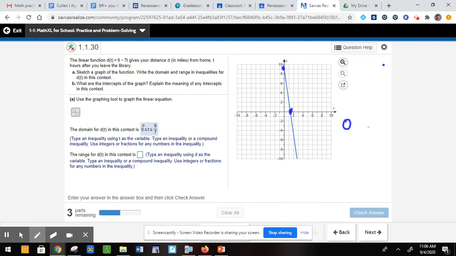So you're 9 miles away from home at the longest distance. Can you imagine walking 9 miles home from the library? Wow. Okay, so 0 is less than or equal to d, just normally your y value, which is less than or equal to 9. That's what we're going to type in on this one.